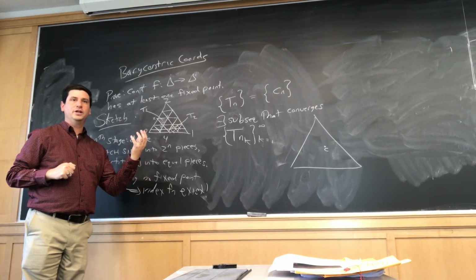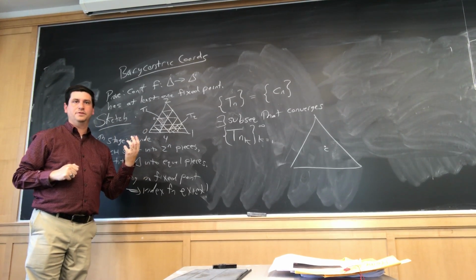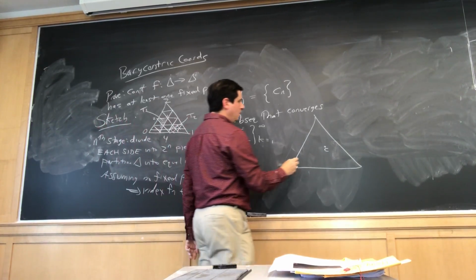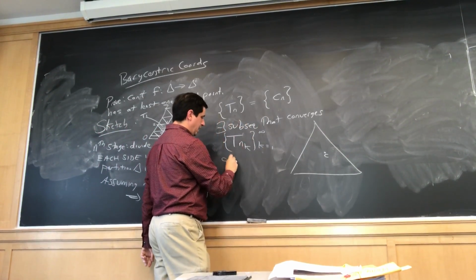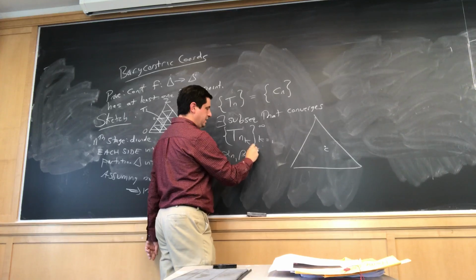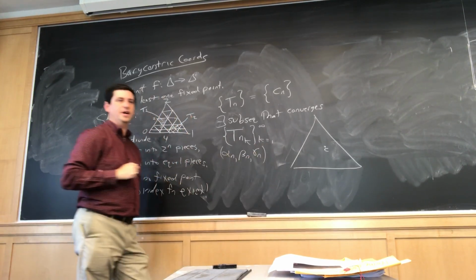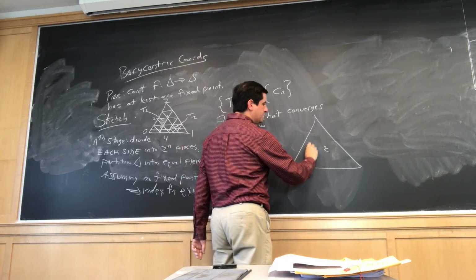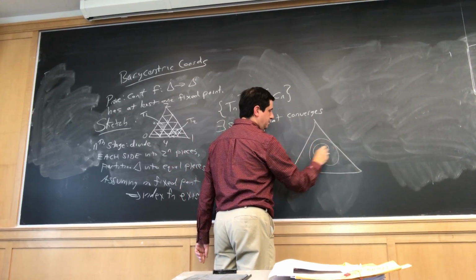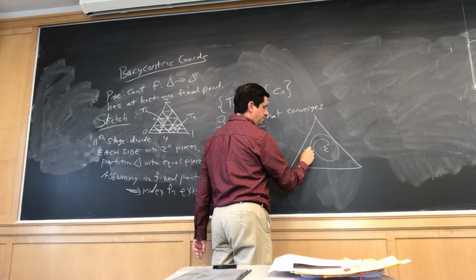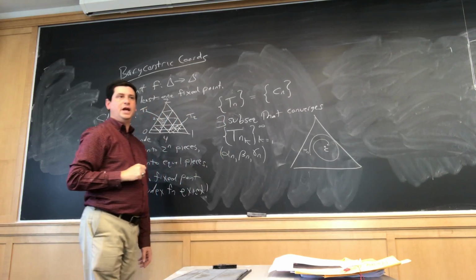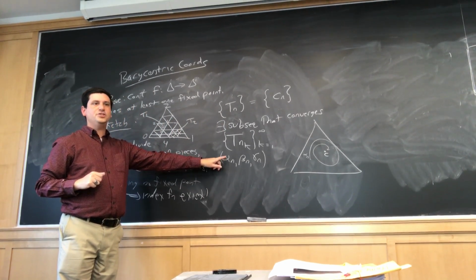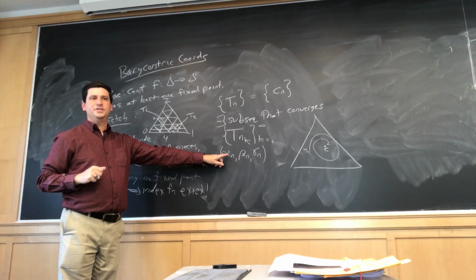Each triangle has 3 vertices, right? So we'll call the vertices alpha n, beta n, and gamma n, after the first 3 letters of the alphabet. So we have some sequence of vertices alpha n. Maybe the alphas are coming like this and spiraling in. And on all of these, this is going to be the vertex that's labeled 0.